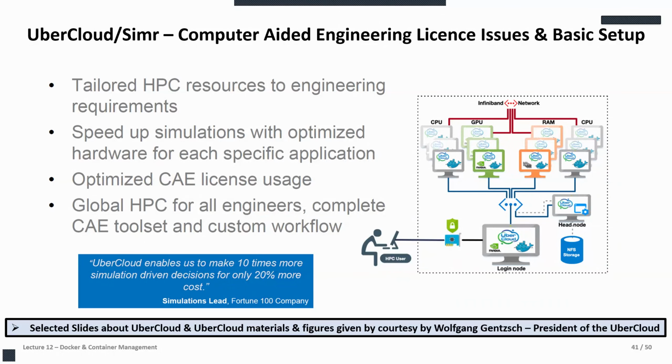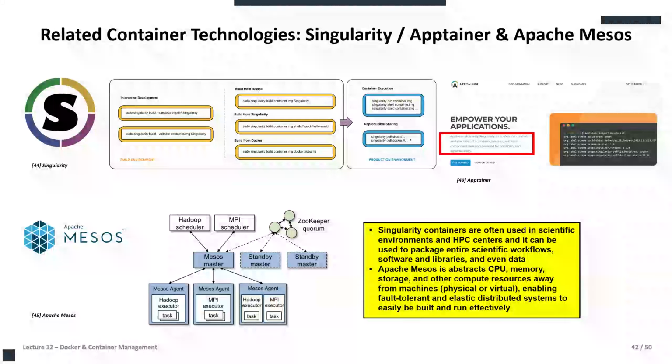Not everything is open source, like OpenFOAM, for instance. So in this sense, there's a license approach as well that enables you then to get to a license server and run these license usage applications. And this helps, of course, in computer-aided engineering a lot.